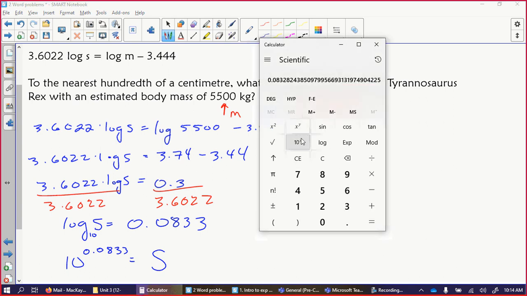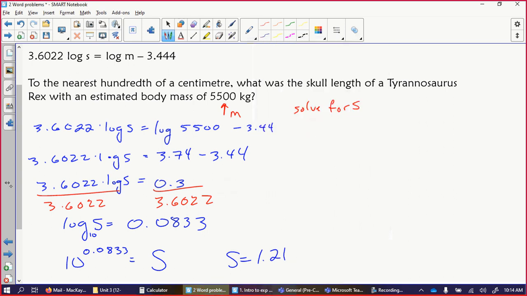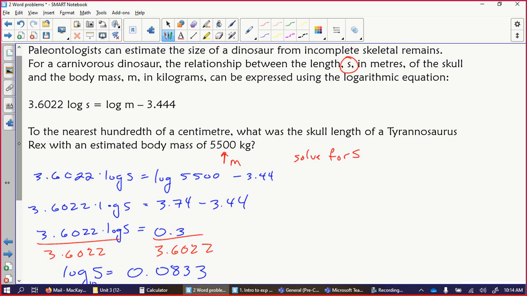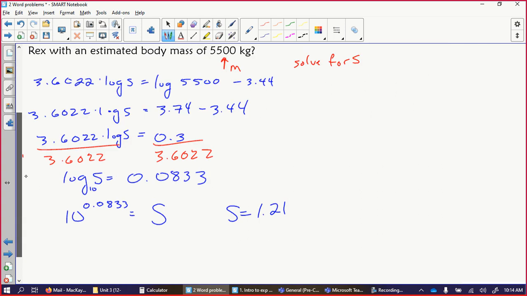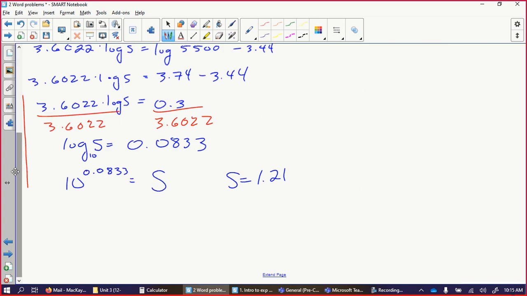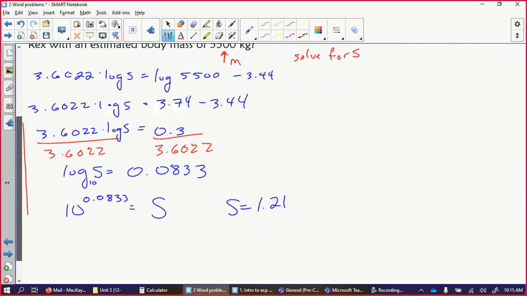So I'm going to take that number, and that's why we have this 10 to the power button. S equals 1.21 skull length in meters. What does that say? To the nearest centimeter. Meters.